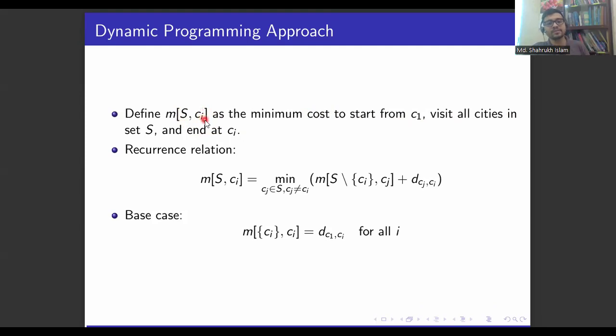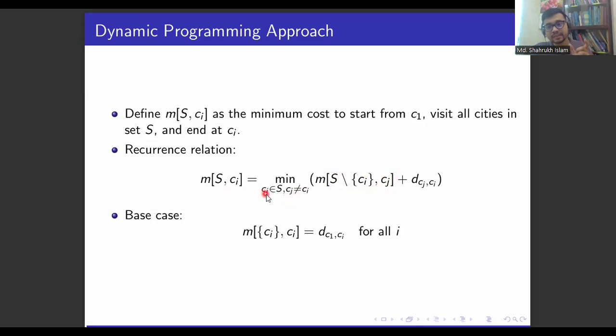Then what will be the recurrence relation? If we want to explore all the cities in S and end our journey at Ci, then we have to make a smaller subproblem. First of all, exclude Ci from this set. So this is a reduced problem, a smaller subproblem, right? After that, end our journey at Cj.